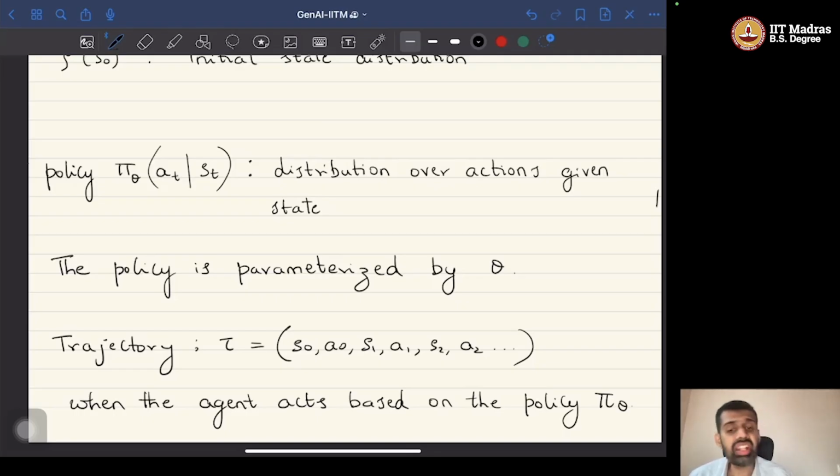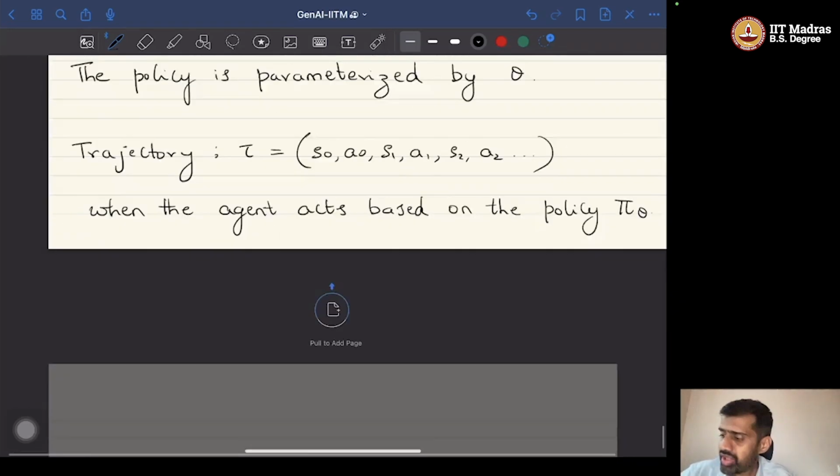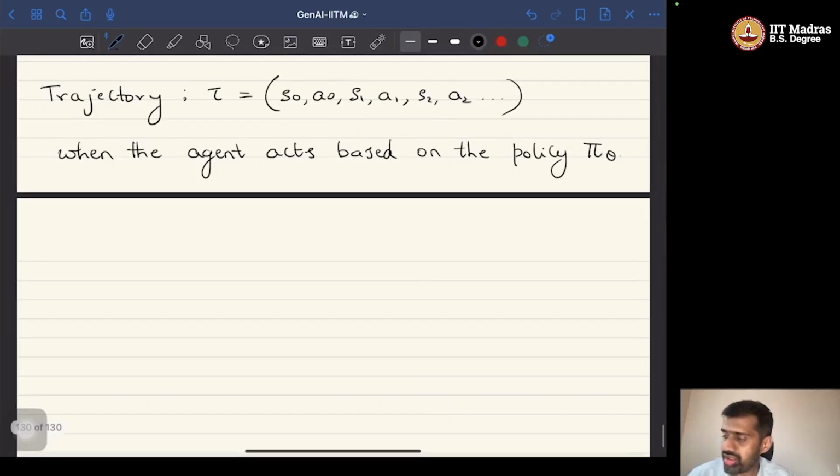So because the agent is first in state S0, then it performs an action A0, then depending upon the transition kernel, it moves on to state S1 and then it performs action A1 and so on. So whenever the agent acts based on a particular policy, we get what is called a trajectory. Now once we have this trajectory, we can define a distribution over the trajectory.